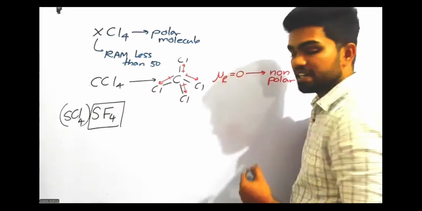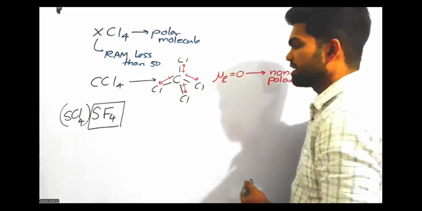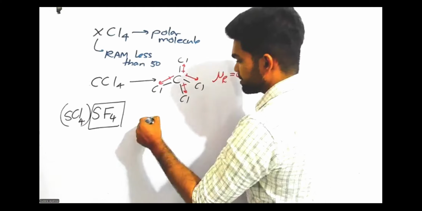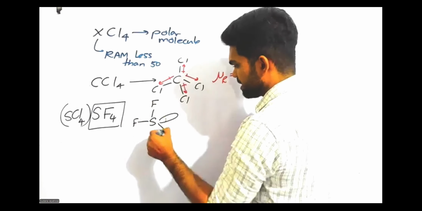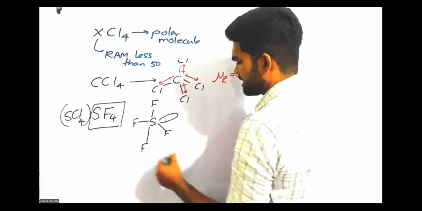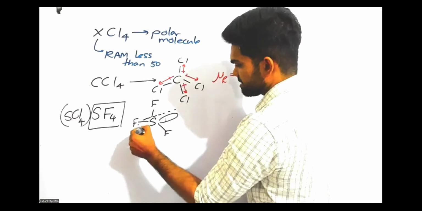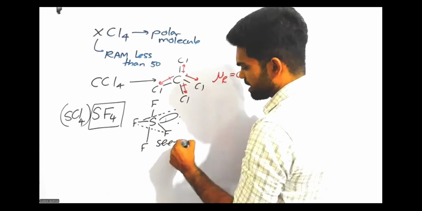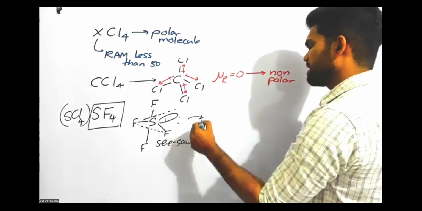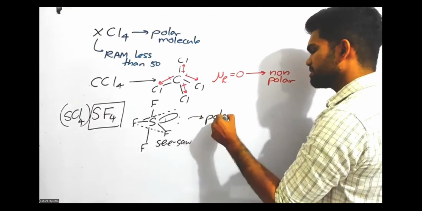Let's say it is SF4. Then the molecule is going to be like this, with a lone pair. It has a seesaw shape, and if you mark the dipole moments, this molecule is going to be polar.